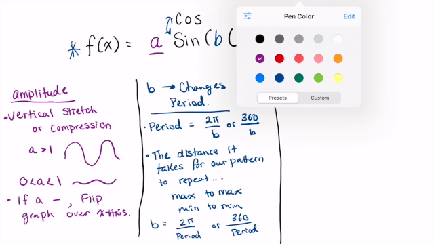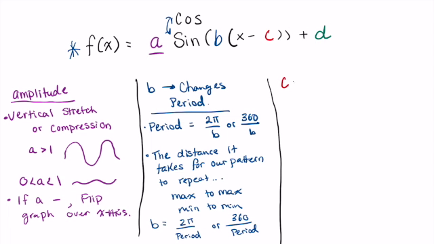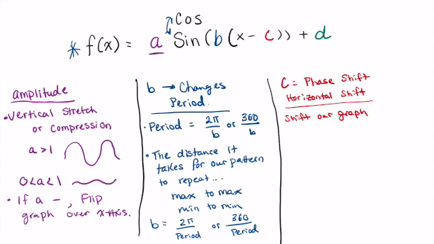Let's look at C. Depending on your teacher or professor, they may use the word phase shift or horizontal shift. Simply, the value of C is going to shift our graph left or right.